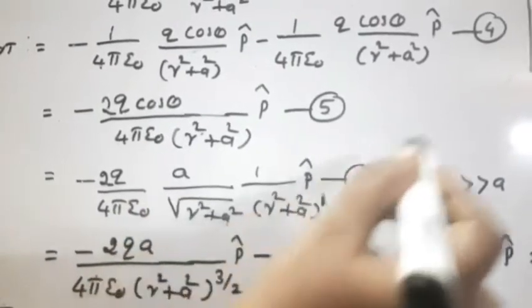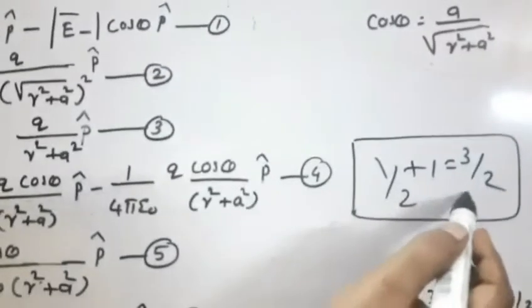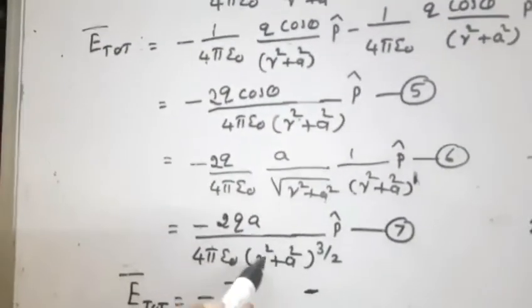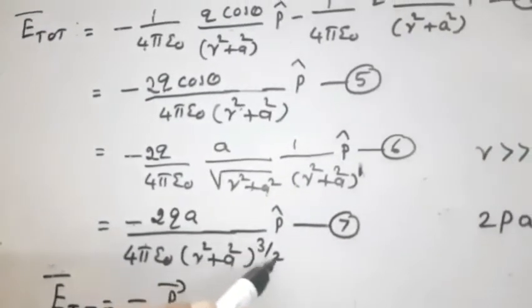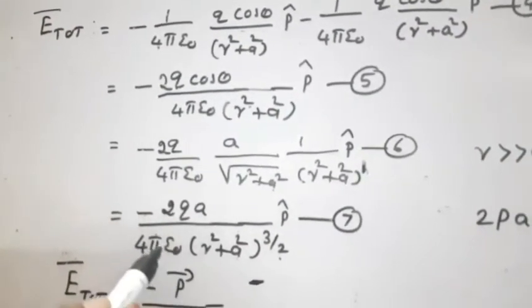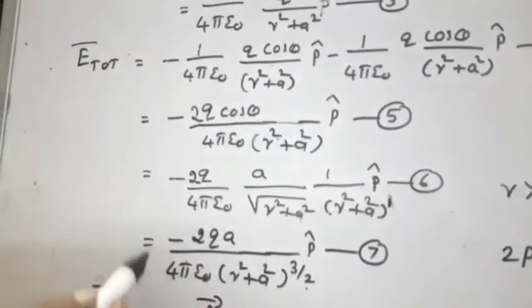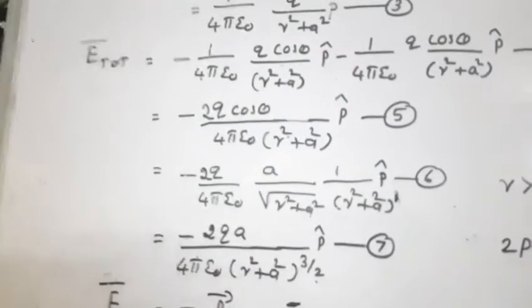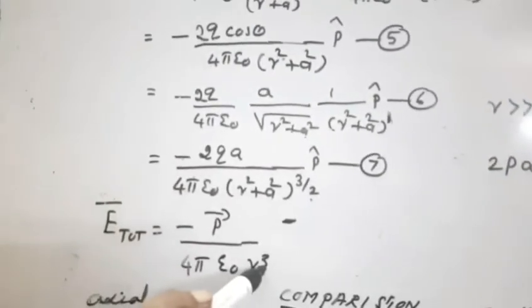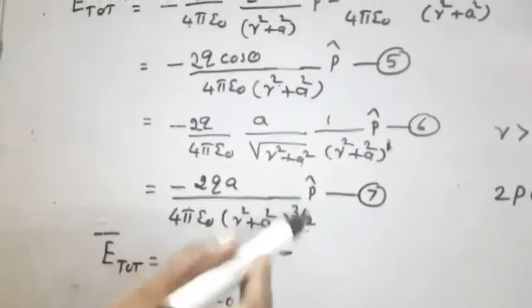So 1 plus 1 by 2 equals 3 by 2. Therefore in the denominator the value changes to r square plus a square whole to the power of 3 by 2. E total vector equals minus p vector divided by 4 pi epsilon naught r square plus a square whole to the power of 3 by 2.